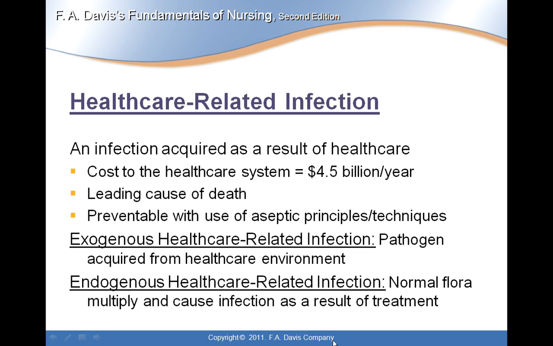Also, the person may have an endogenous infection. With an endogenous infection, this is when the normal flora multiply and cause infection as a result of treatment. And so, again, we said the normal flora is our good bacteria. When we have patients that are receiving antibiotics for certain conditions, sometimes we use antibiotics that we call broad spectrum antibiotics. When we talk about something broad, this is something that's large.